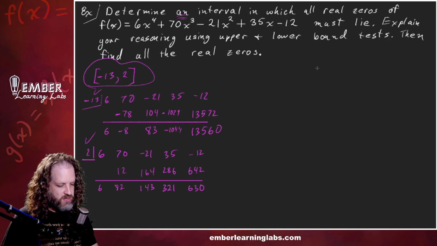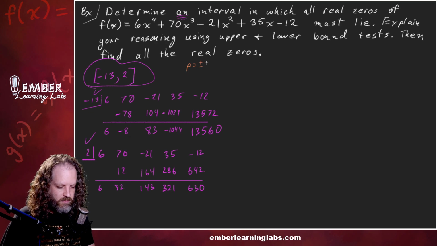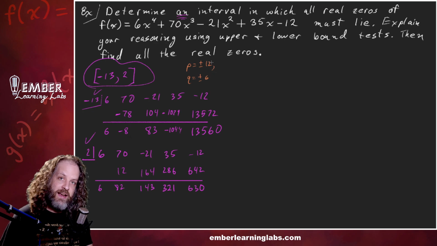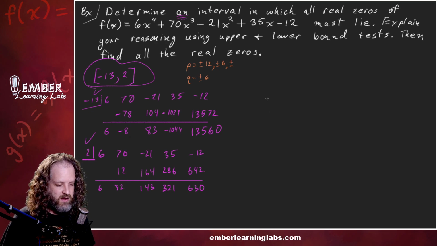Let me switch colors here. P in this case is, I'm going to do it plus or minus 12. And Q is plus or minus 6. So all the factors of 12 are 12 and 6 and 4, right?